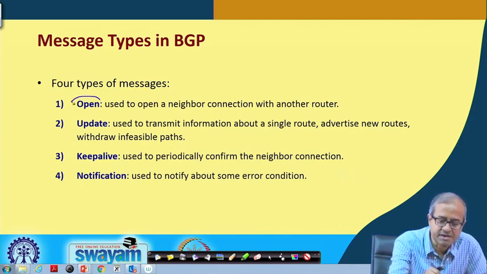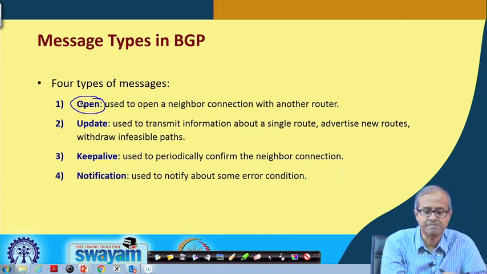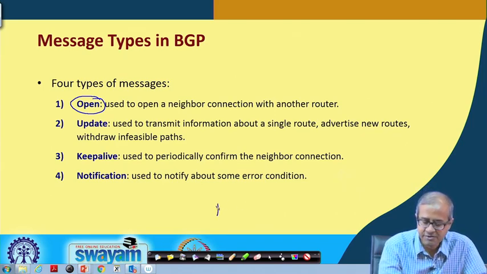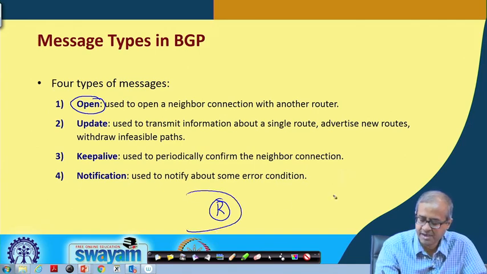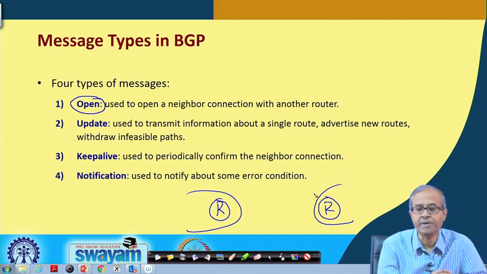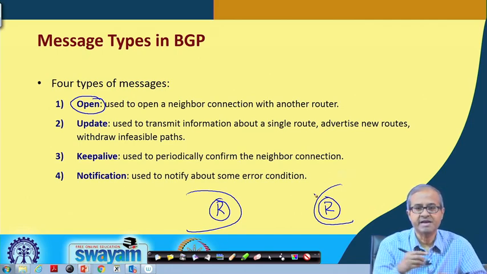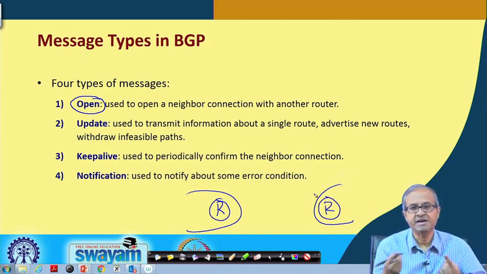There is a message type called open. If I have one router here in one autonomous system and another router here in another autonomous system, this open message can start or initiate a neighborhood connection between the two routers.